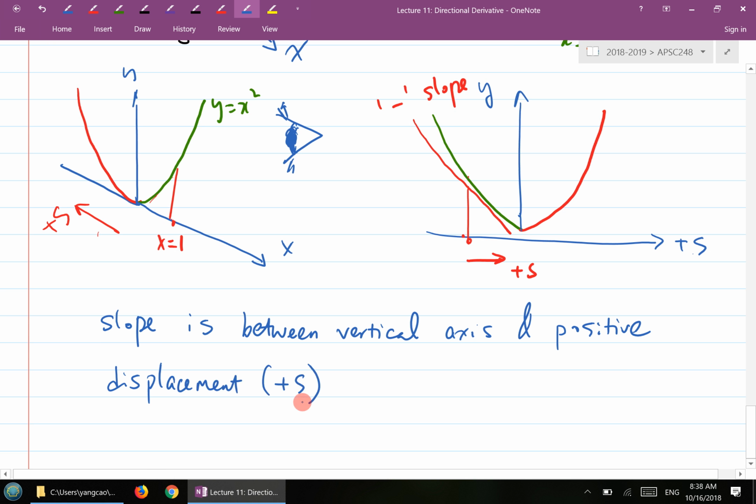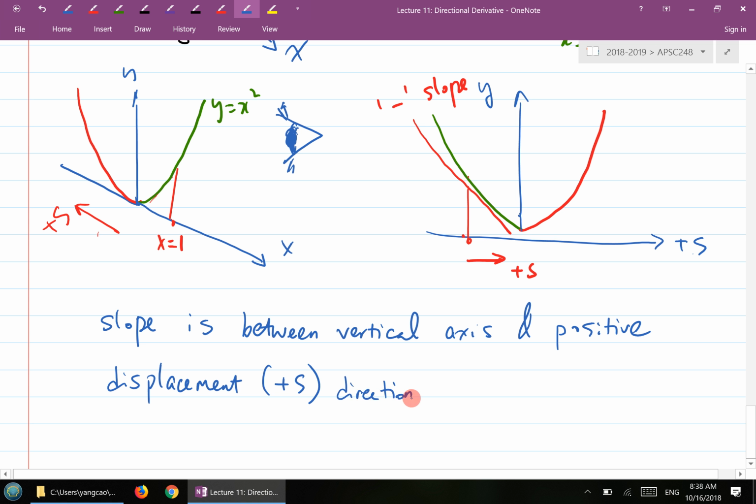So we're looking at the slope between the vertical axis, whether that's the y-axis, or later the z-axis, and this positive displacement direction.